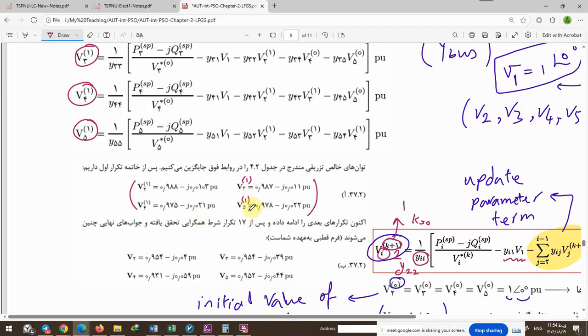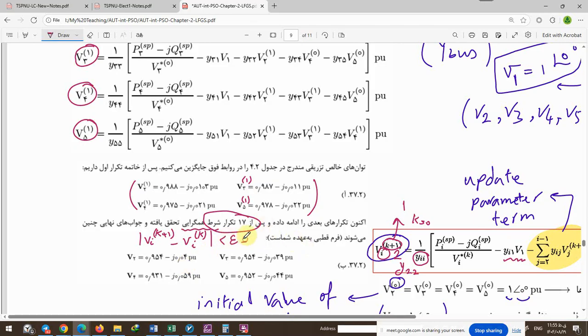We continue with the second iteration, and after 17 iterations the condition of convergence was reached. The condition of convergence is that Vi in the new iteration minus Vi in the current or last iteration should be less than epsilon.